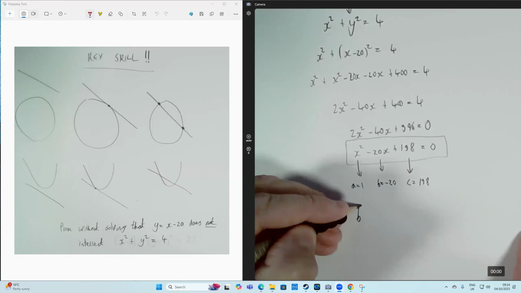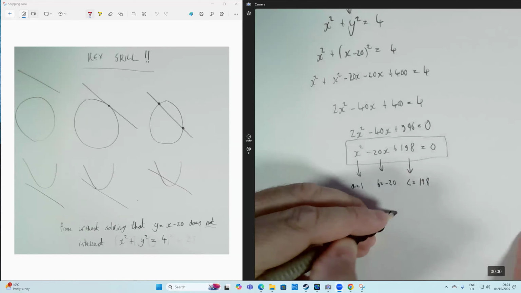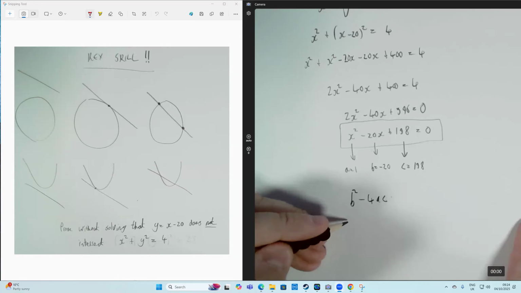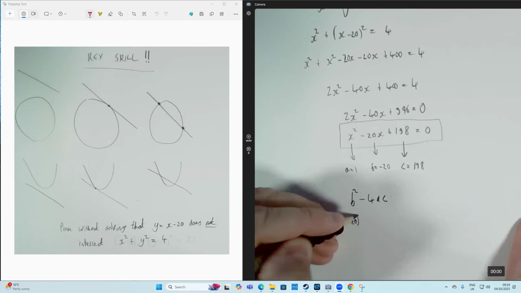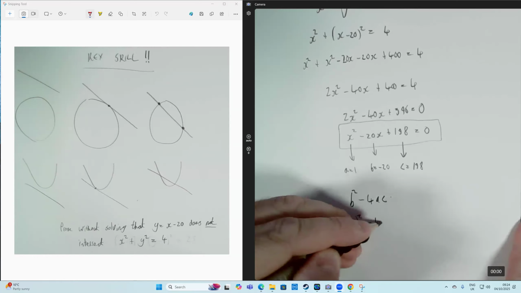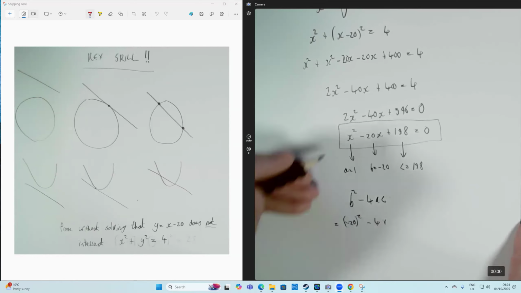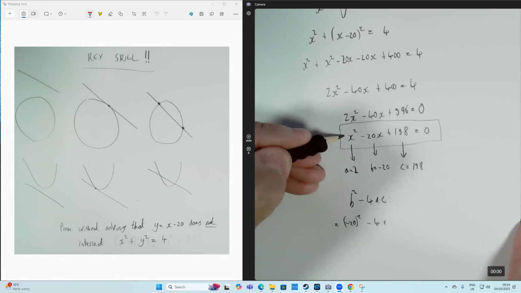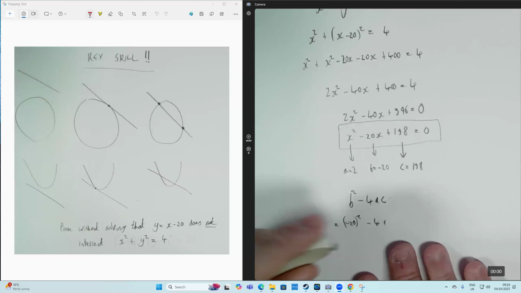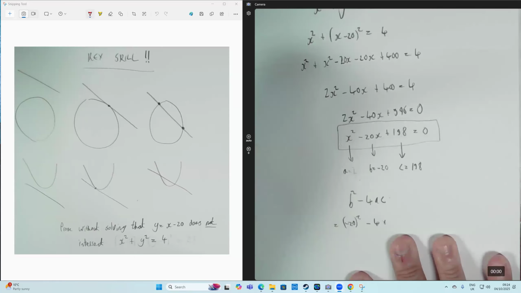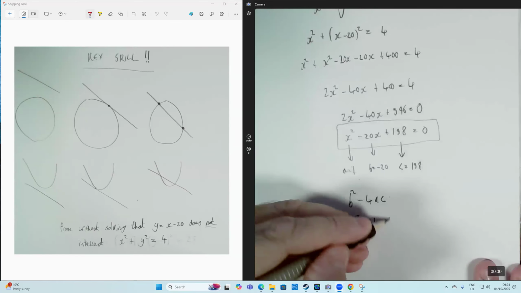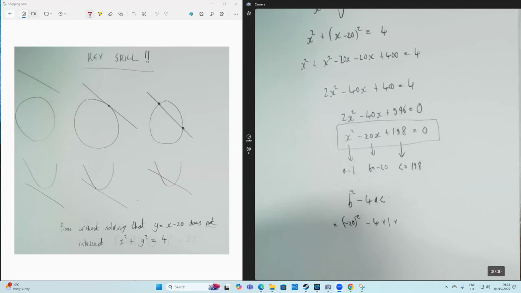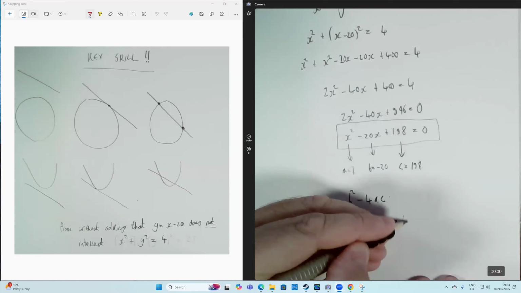So b squared minus 4ac is going to be minus 20 squared minus 4 times a, which is, let's be careful, a is 1 in this new version. So times that by our 1, times that by our c, which is 198.